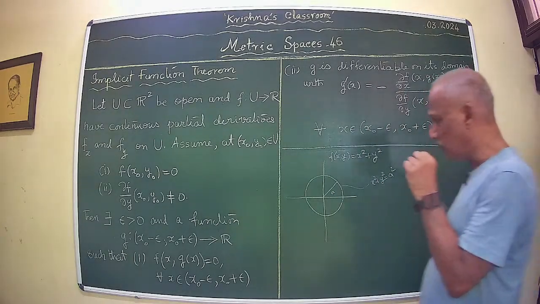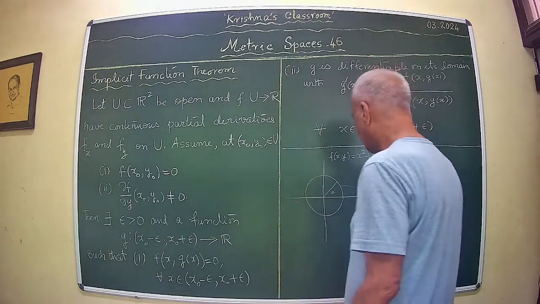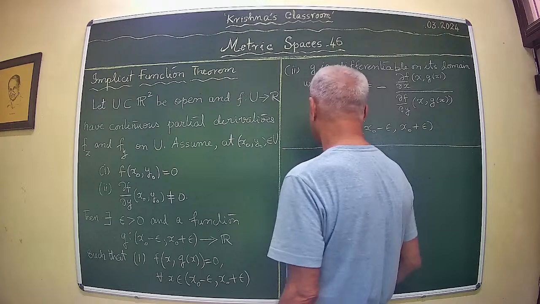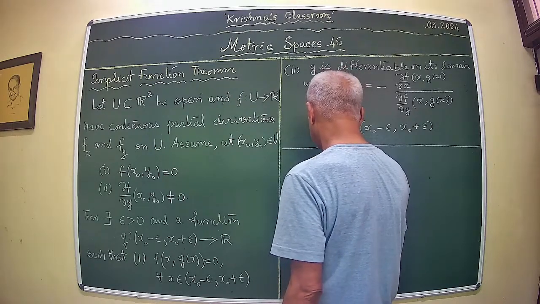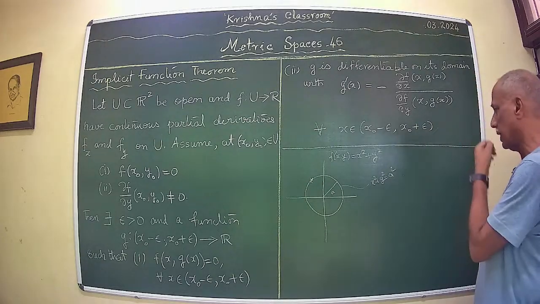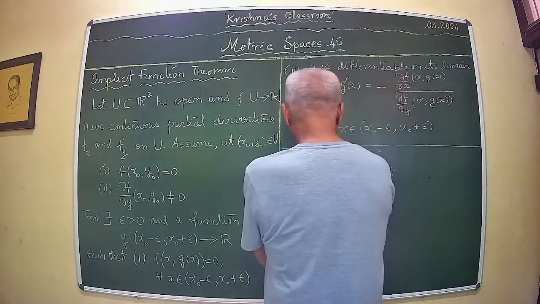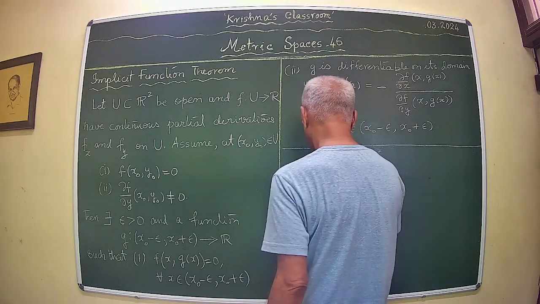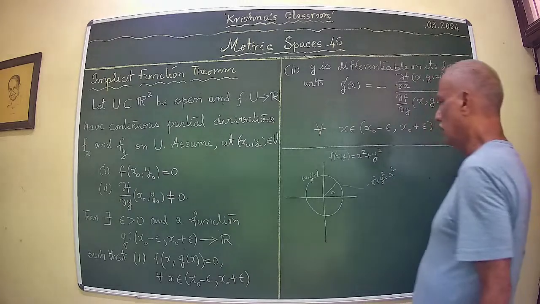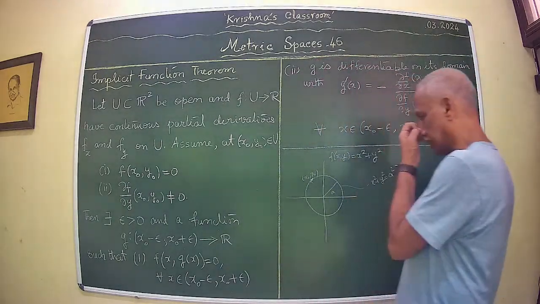Now what we have observed is the following. The theorem says the following. Suppose you take a point (x naught, y naught) on the surface x square plus y square equal to a square. Then you have x naught square plus y naught square equal to a square.